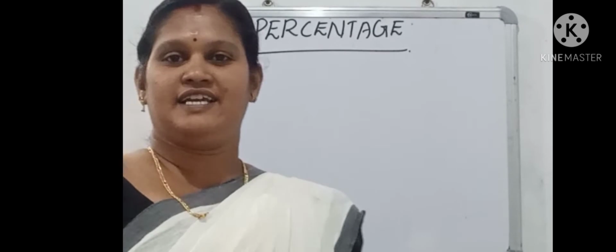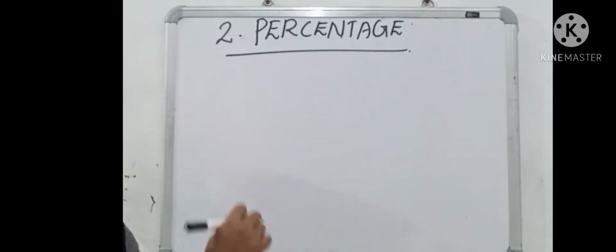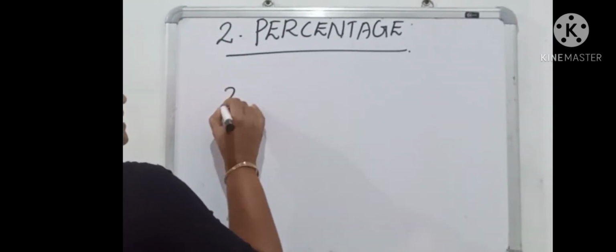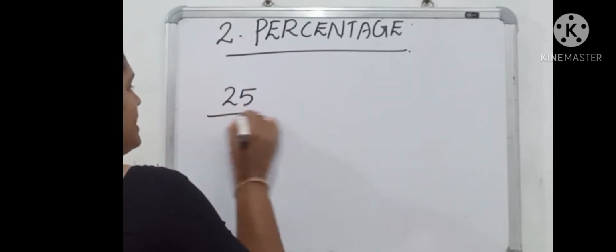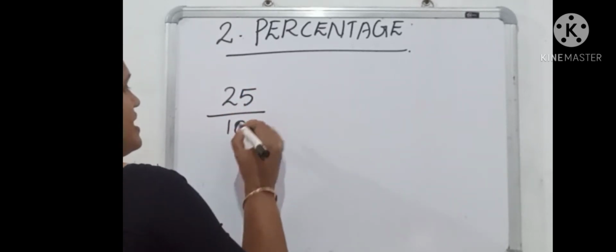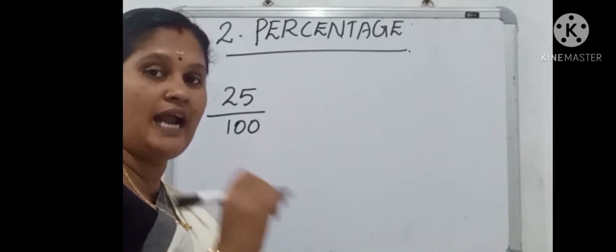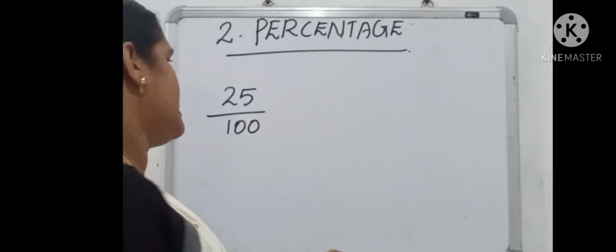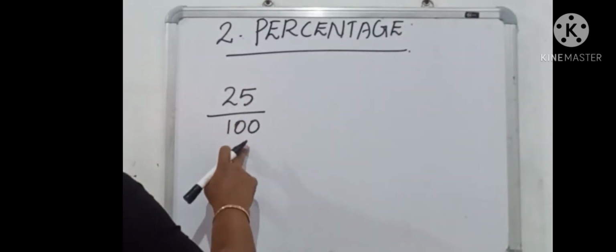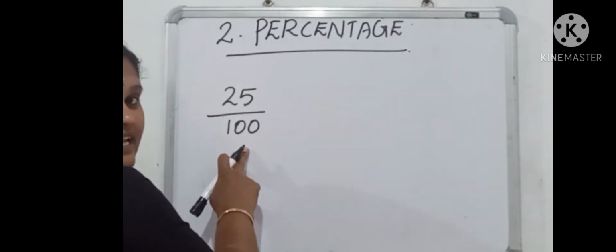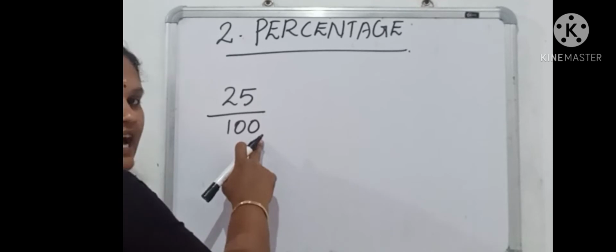What is percentage? A fraction with denominator 100 is called percentage. A decimal fraction with the denominator 100 is called percentage. 25 by 100 is a decimal fraction with the denominator 100.